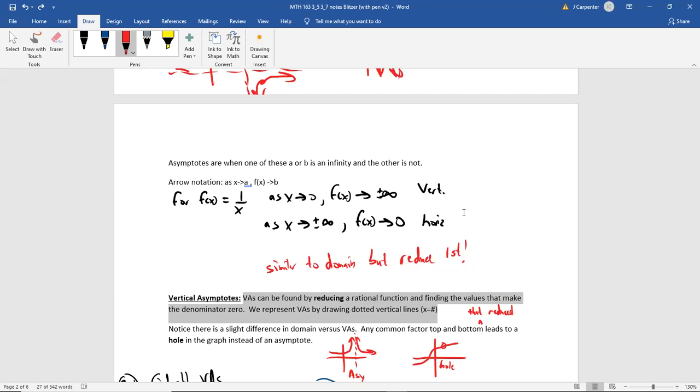Now I said, when we found the domain, we didn't reduce first, but for vertical asymptotes, we have to reduce first. That's a big distinction. So there's a slight difference in domain versus vertical asymptotes. So let's say that you factor the top and bottom and something does cancel. Any common factor top and bottom that reduces leads to a hole in the graph instead of an asymptote. So there's a distinction.